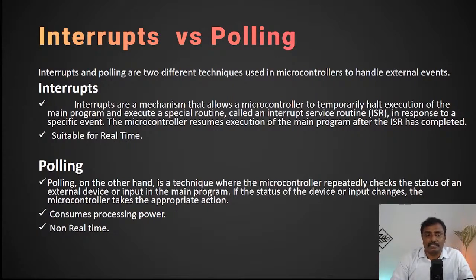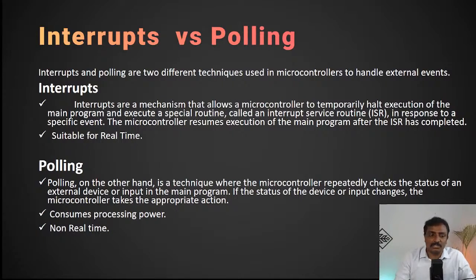In polling, the processor continuously checks for an event, and if the event occurs, it processes the routine in the decision loop. Polling consumes a lot of processing power, whereas with an interrupt, only when the interrupt occurs does it go to the interrupt service routine. So interrupts are suitable for real time, but polling is not.